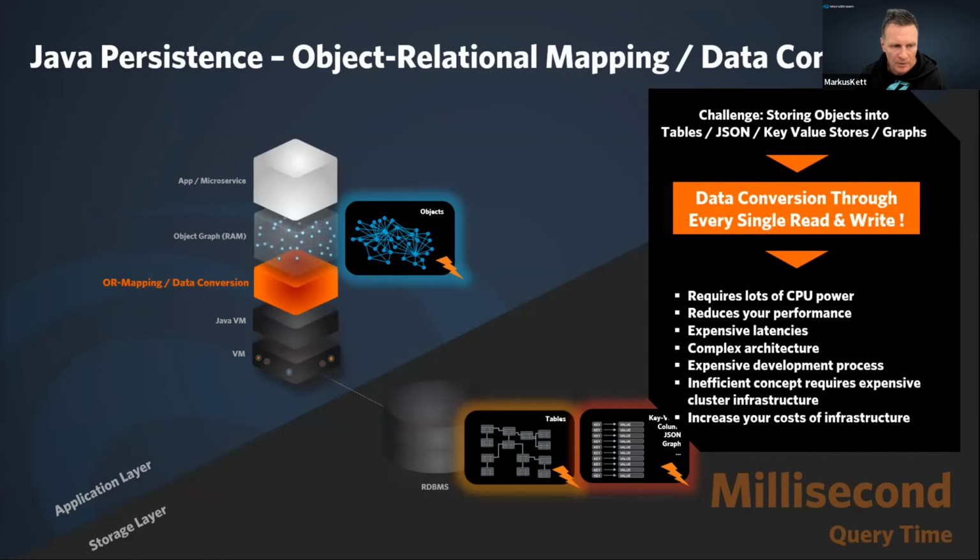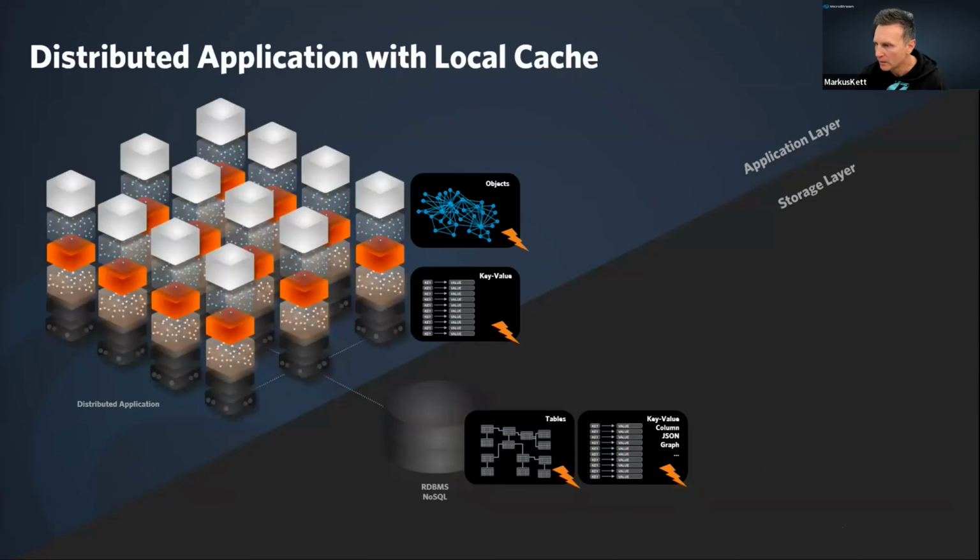And when we build distributed applications in a traditional way, so we start more and more instances of our application or our microservice, then we have the problem in terms of consistency.